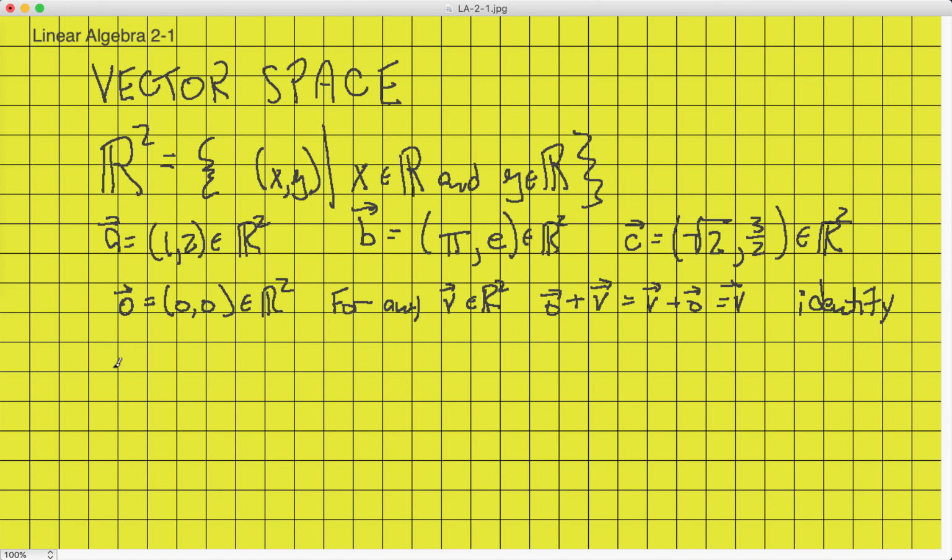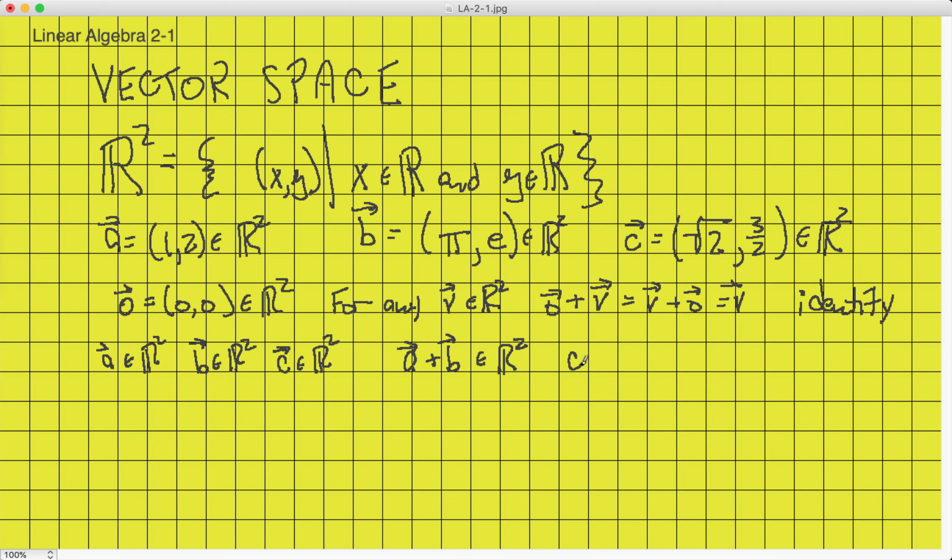There are a couple of other things to note here. For A contained in R squared, B contained in R squared, and C contained in R squared, we first note that A plus B is contained in R squared.